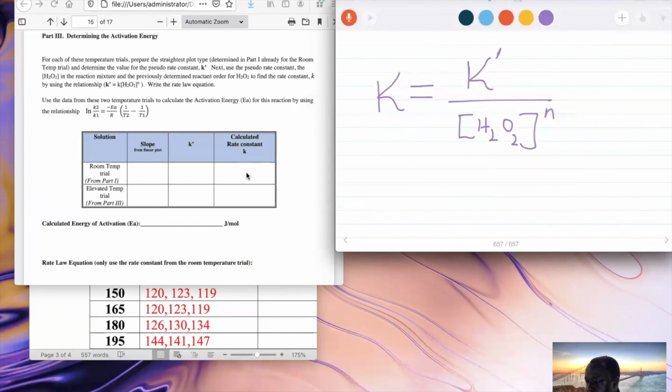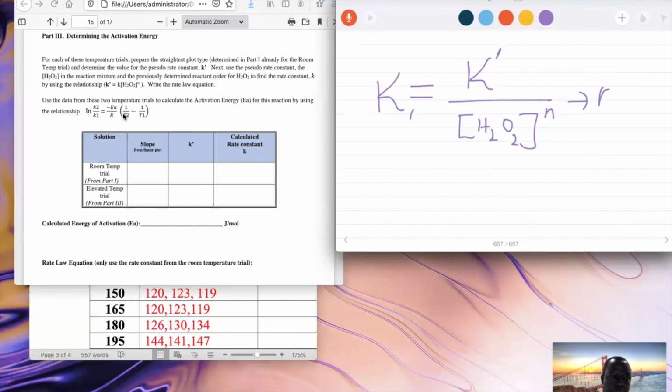So you're going to do K1 at room temperature and K2 at elevated temperature. With these two values, we should have rate constants 1 and 2, which you will plug into this equation.